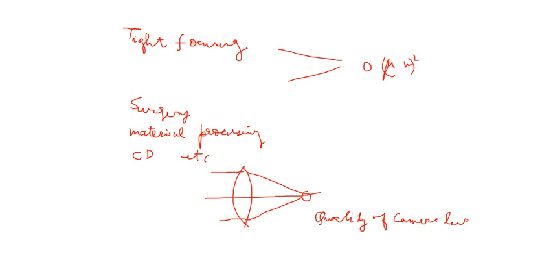Thus, an f by 2 lens implies that the focal length to diameter ratio is 2.